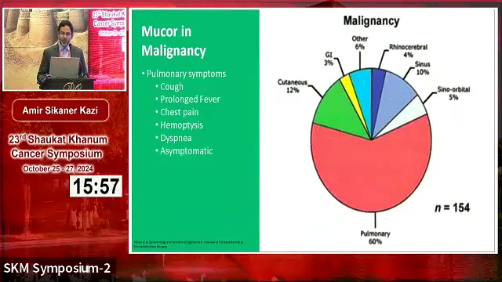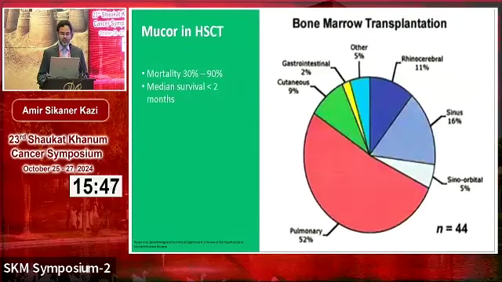But in addition to pulmonary manifestations, about 25% would be sino-orbital and rhinocerebral disease, cutaneous disease, and then disseminated disease. And the presentation for mucor in stem cell is also similar, more than 50% being pulmonary, and then sino-orbital and rhinocerebral is about 25%, and then again cutaneous, gastrointestinal, and disseminated.